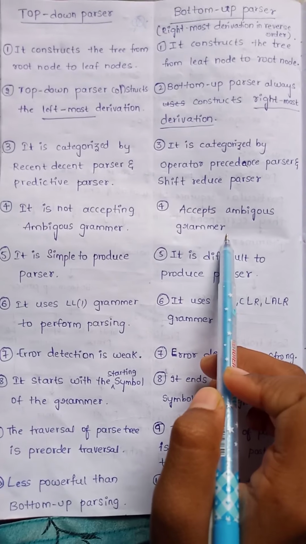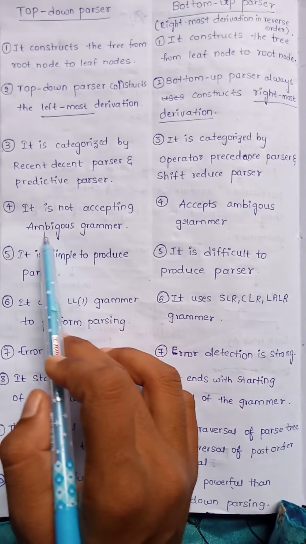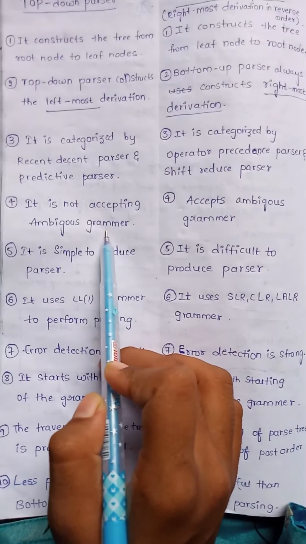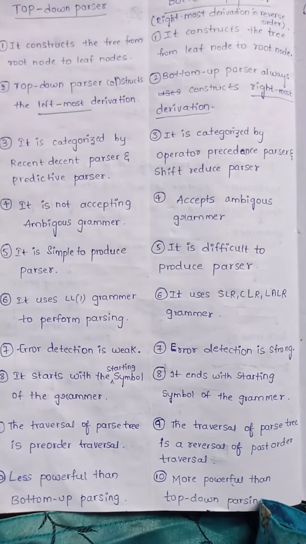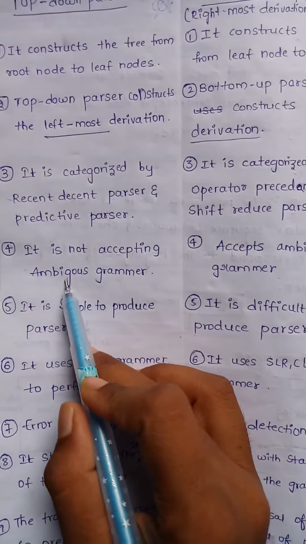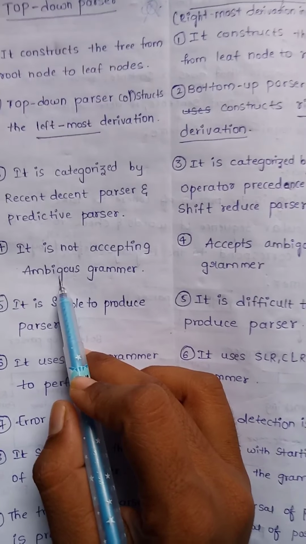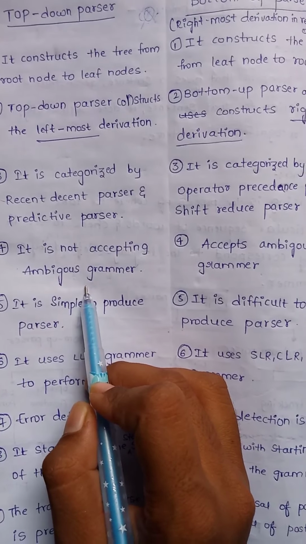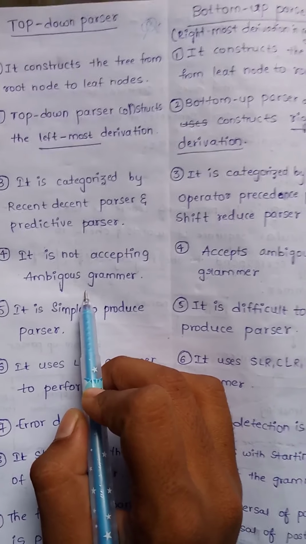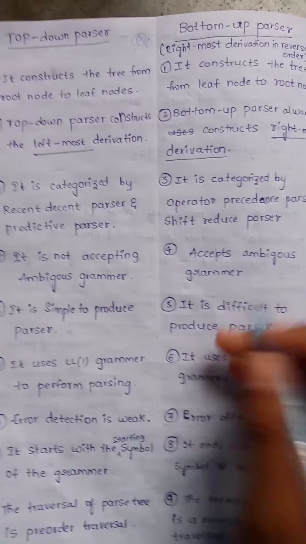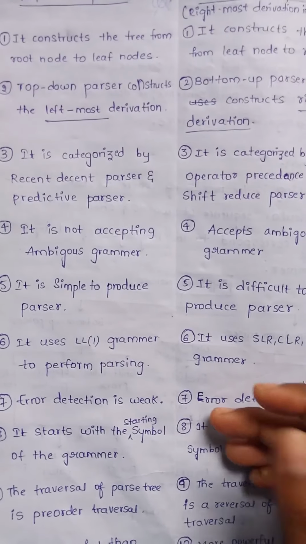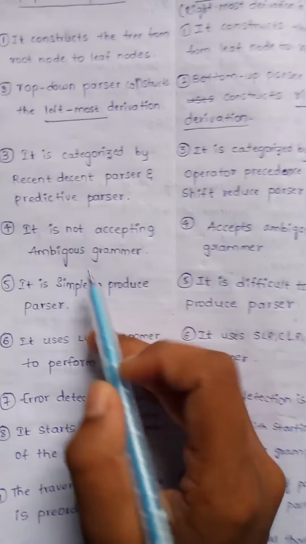So in the next video, I'll upload what actually an ambiguous grammar is. For now, I'll just explain simply what an ambiguous grammar is. Ambiguous is nothing but a sentence that produces more than one parse tree. If you know the derivations, like leftmost and rightmost derivation, you will understand this easily.